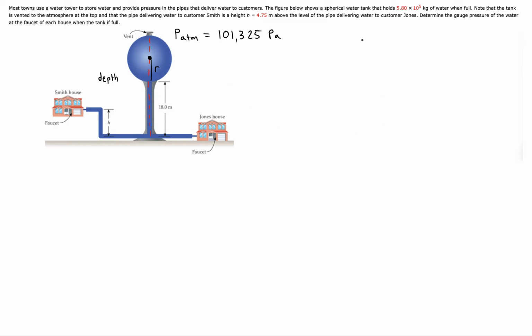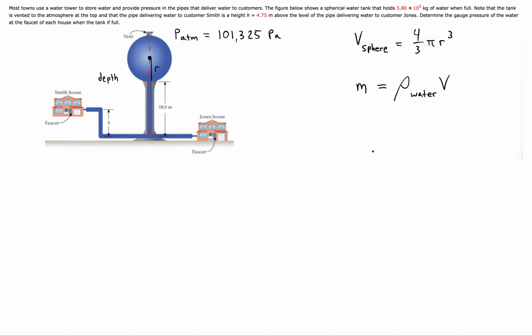So it's a sphere. And the volume of a sphere would be given by 4/3 pi r cubed. And we have the idea that there's a mass in the tank, and the mass would be given by the density of water times the volume.